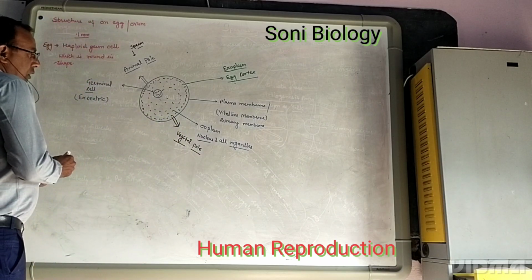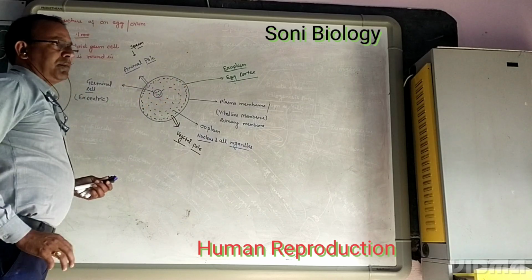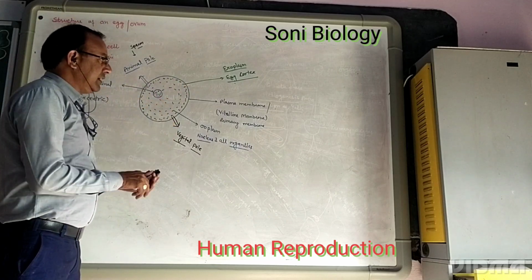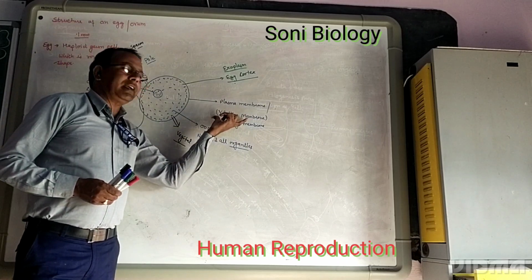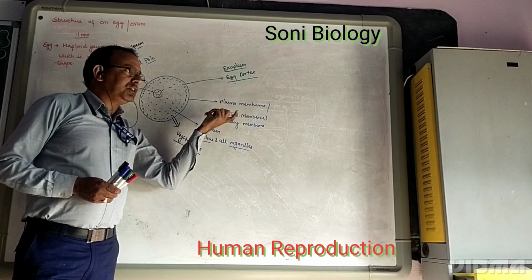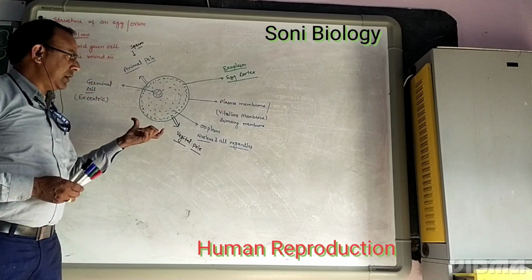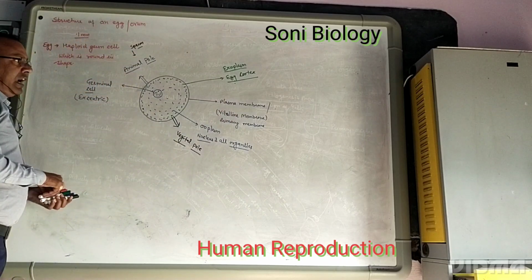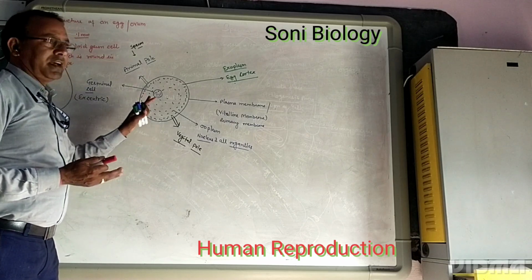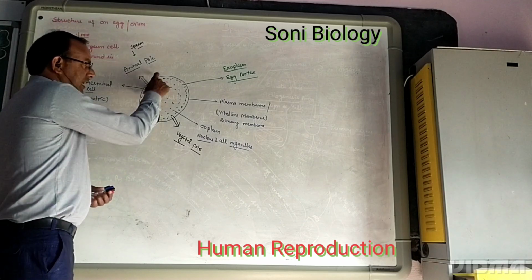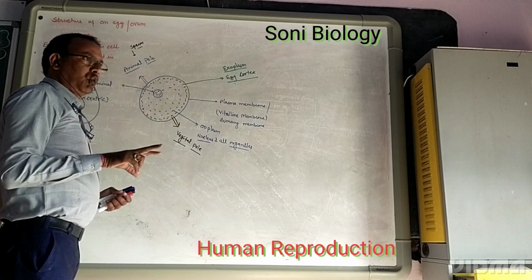Clear? Now, how are these membranes present? First of all, the plasma membrane is also called the vitelline membrane. In the egg there are two zones.